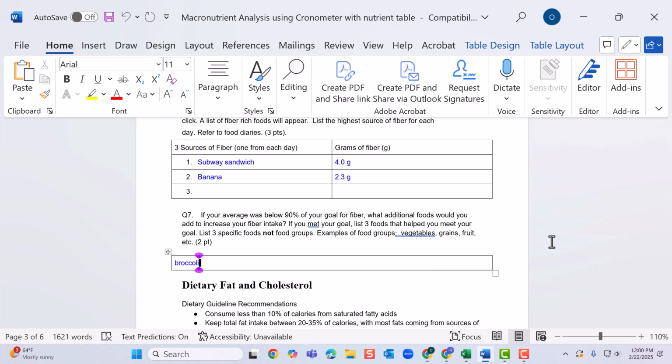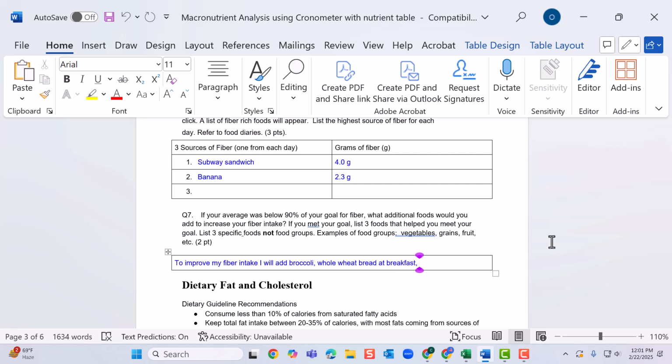And by the way, everything should be in complete sentences. So it should say, to improve my fiber intake, I will add broccoli, whole wheat bread at breakfast. I like to see when you would do it.